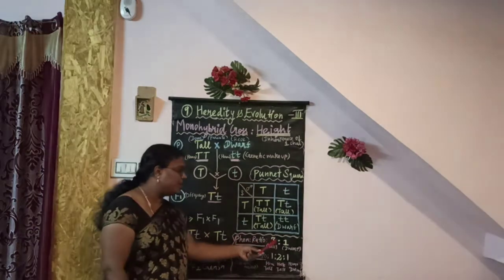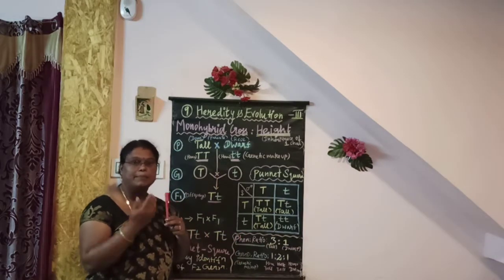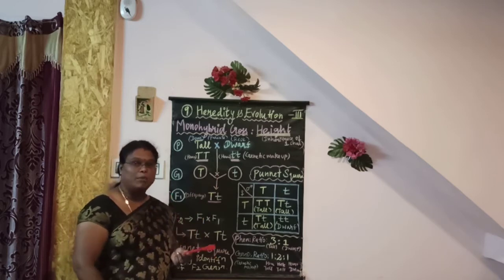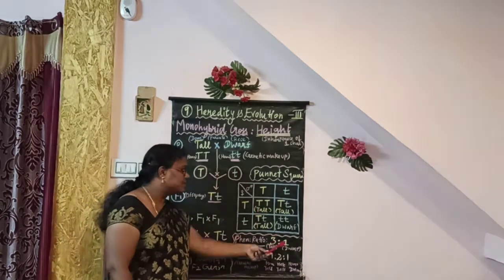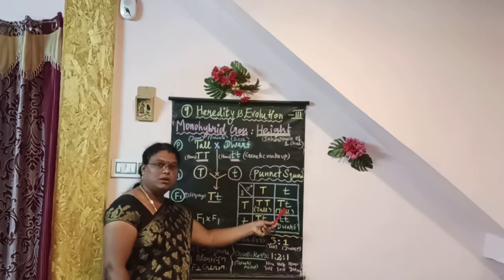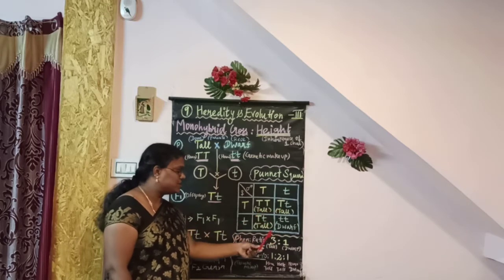So we'll see what the ratio is. Phenotypic ratio is 3:1. I told you it can be viewed, it is visible, and it is based on morphological character. See, 3:1. 1, 2, 3. So this is tall, this is tall, this is tall. So 3 tall, that is 3.